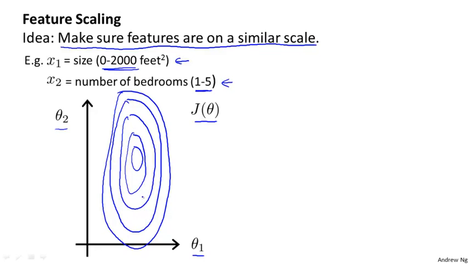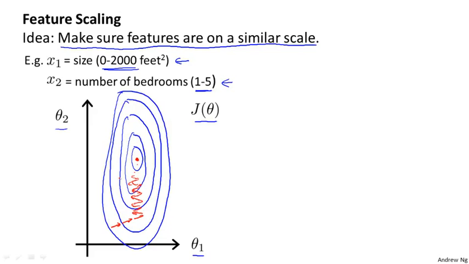And if you run gradient descent on this sort of cost function, it may end up taking a long time and can oscillate back and forth. It can take a long time before it finally finds its way to the global minimum.